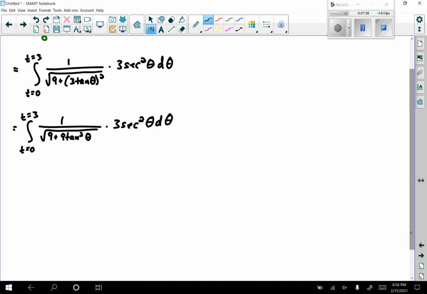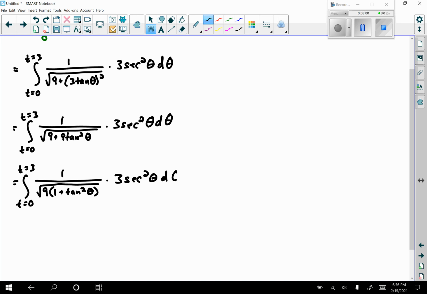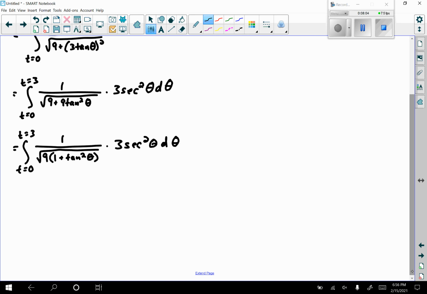Now when we get to this point, we want to factor out a 9. Now I'm showing every step. If you are comfortable with skipping some steps, that's fine. Just be very careful. So I'm going to factor out a 9, and then I'm left with 1 plus tangent squared theta. And we can replace 1 plus tangent squared theta with what?